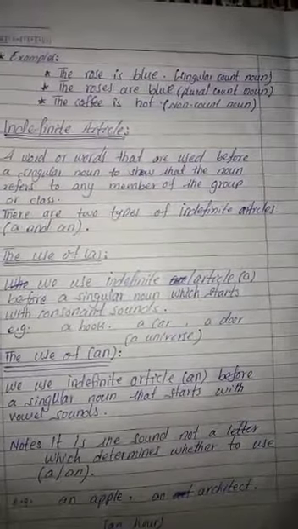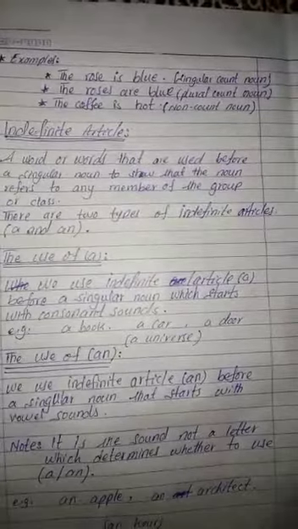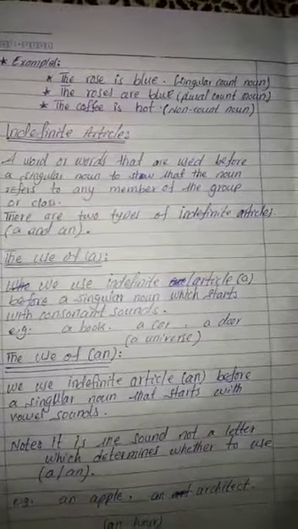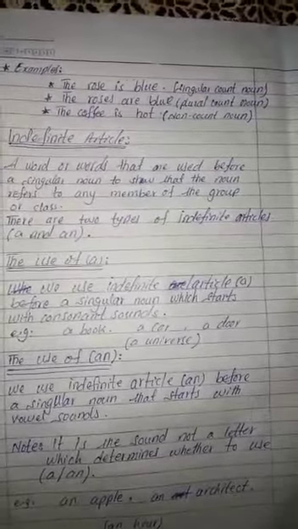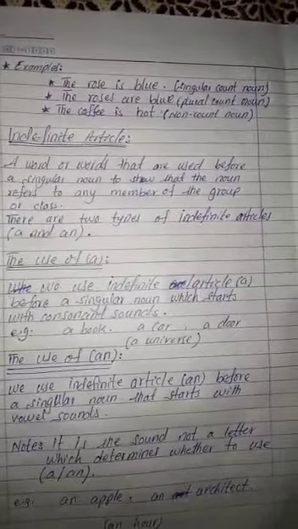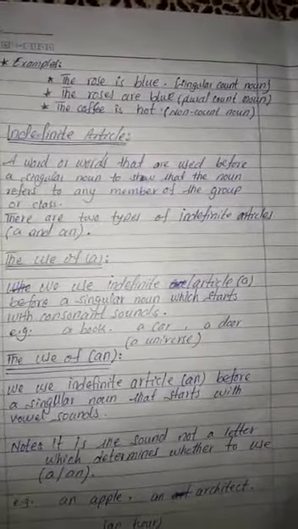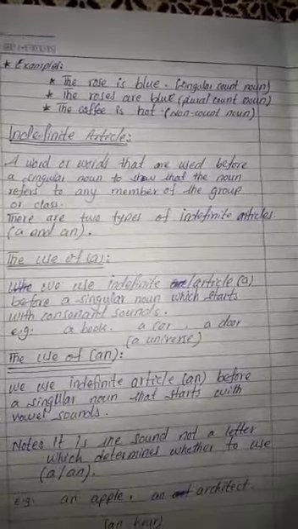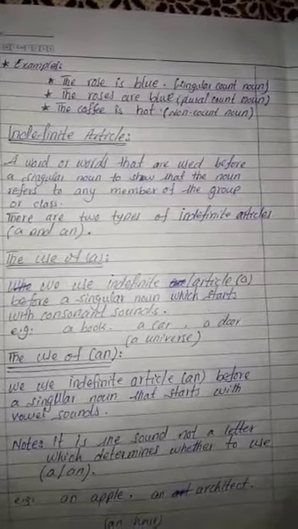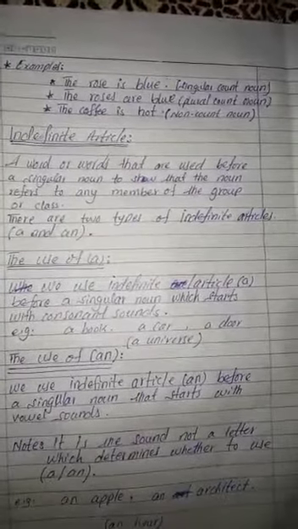If you think that a is used before a word or a noun that starts with a vowel letter, that is wrong. No, it is used before a word or a noun that starts with a consonant sound. Here we have the vowel letter U, but it produces a consonant sound. That's why I put a before universe.